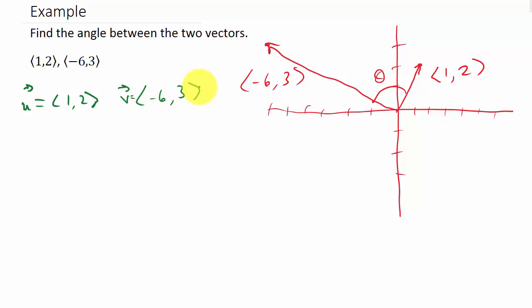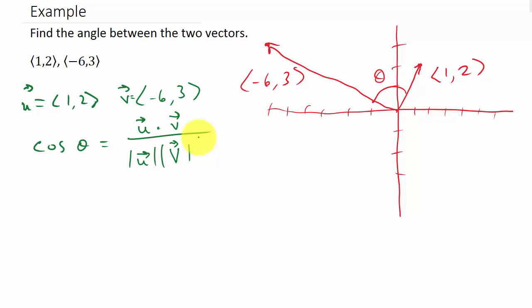You don't have to do that, but I'm going to do it for the sake of this video. So now let's write down our formula. That's the dot product of u and v over the magnitude of u times the magnitude of v.